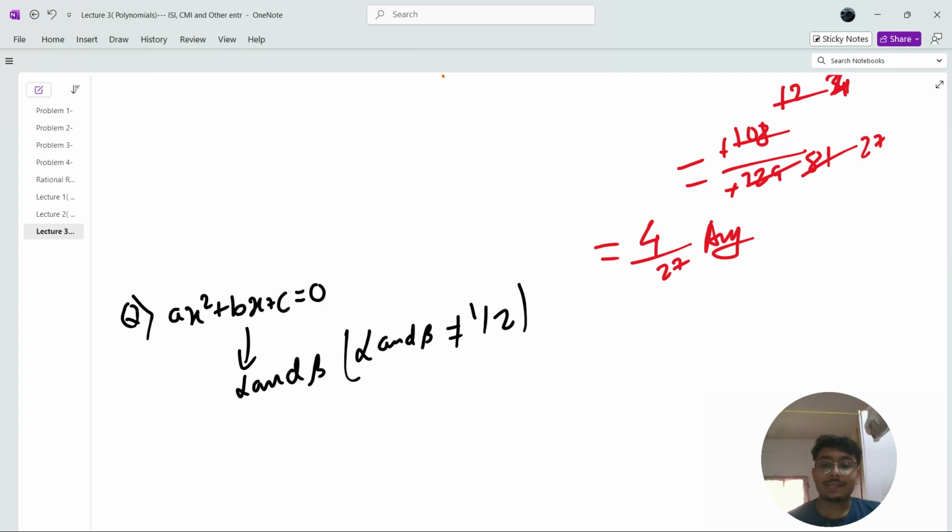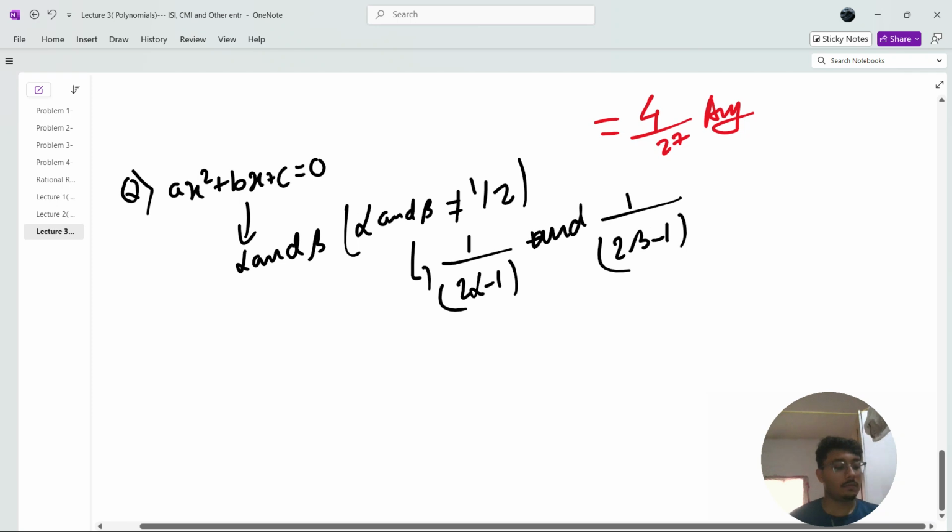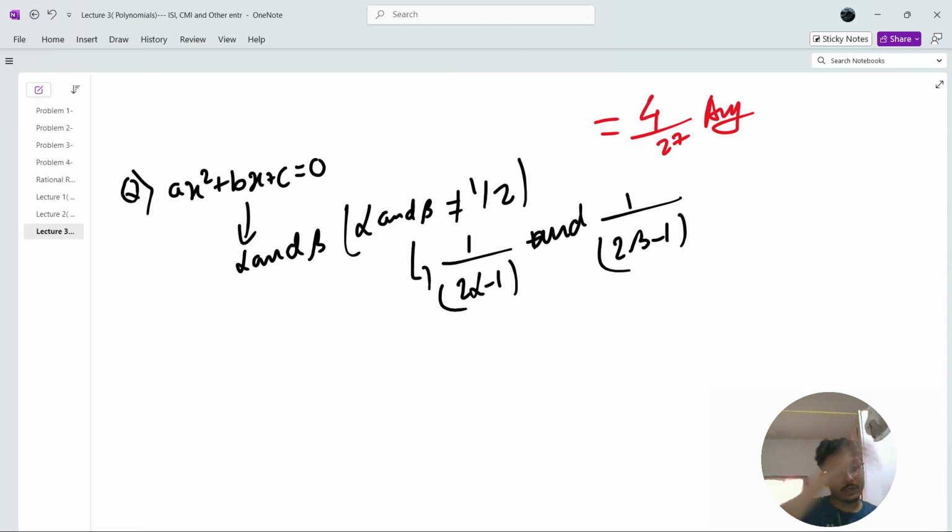Then we need an equation whose roots are 1 by 2 alpha minus 1 and 1 by 2 beta minus 1. So similar question, a bit of a bigger manipulation.